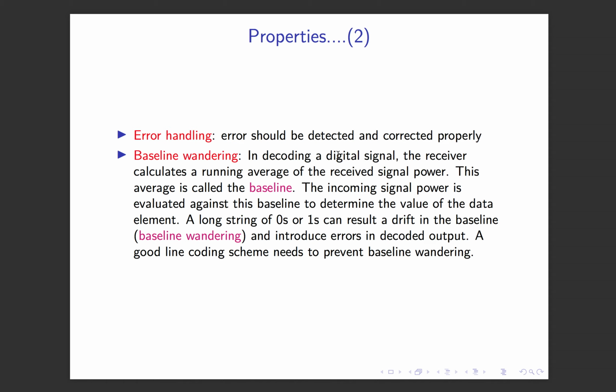So we need good coding schemes which prevent this baseline wandering. If we have a large number of zeros or a large number of ones as a substring, we have to ensure that there is some mechanism which will correct all of them.